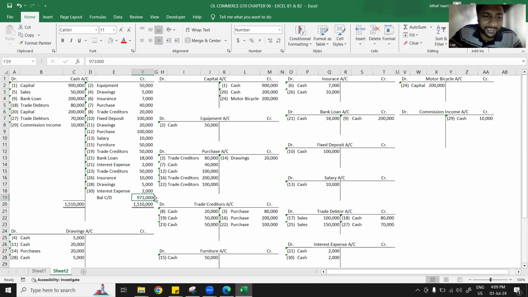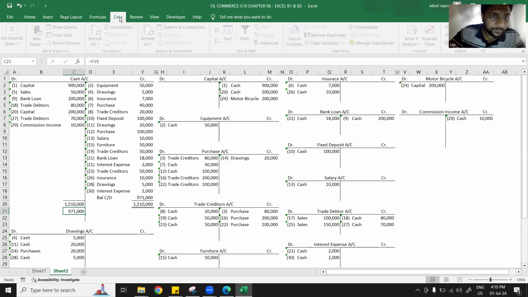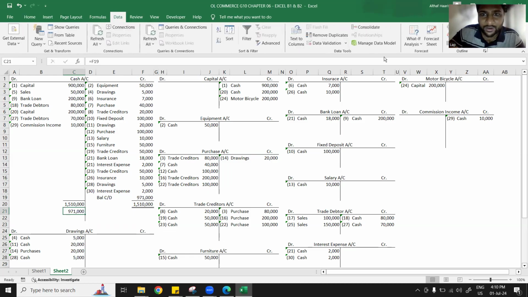So people generally remember, if you have the carrying down balance, the closing balance, in the credit side, opening balance will be there in the debit side. This is a general way of writing.